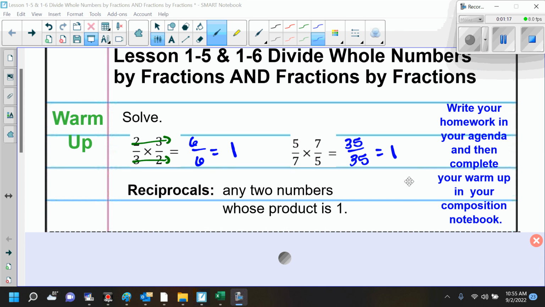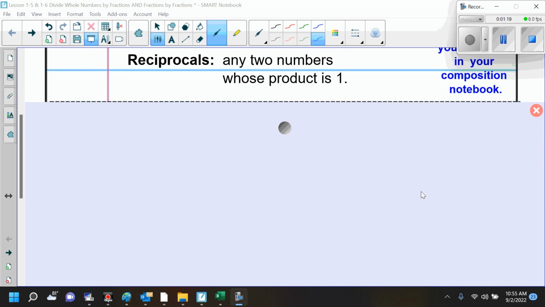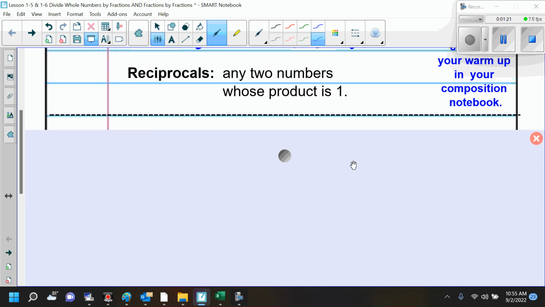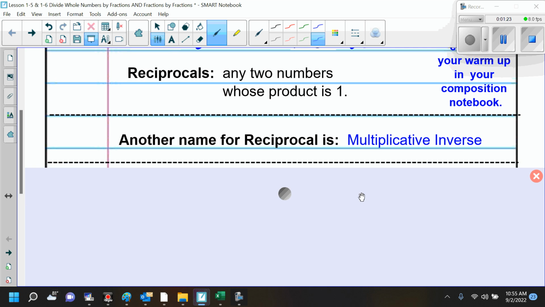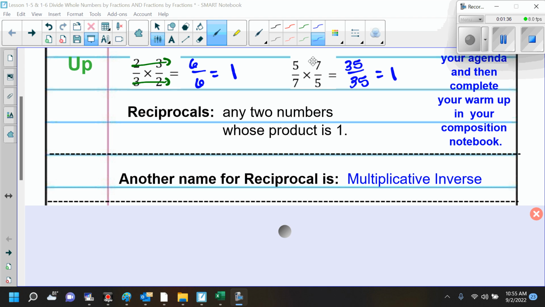Another name, let me put this up here. Okay, so reciprocals. Another name for the reciprocal is the multiplicative inverse. The multiplicative inverse. Okay? So if you look at 5/7, the reciprocal of 5/7 is 7/5.